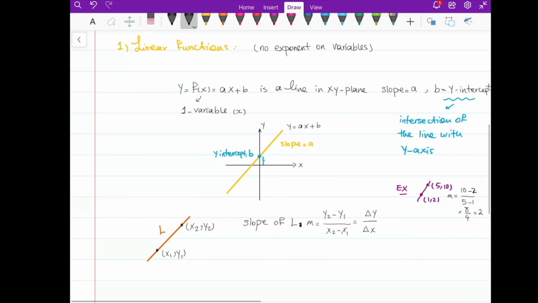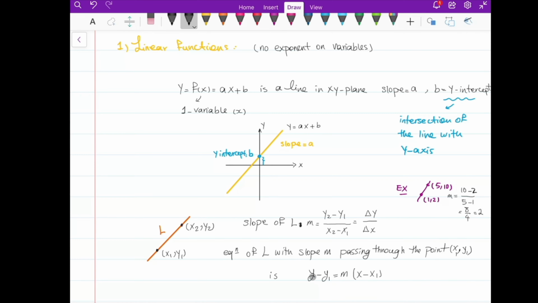Now if you're given a slope and a point of a line, then the equation of the line L with slope m, passing through the point x1, y1, is, just as a recall, y minus y1 equals m, the slope, times x minus x1.